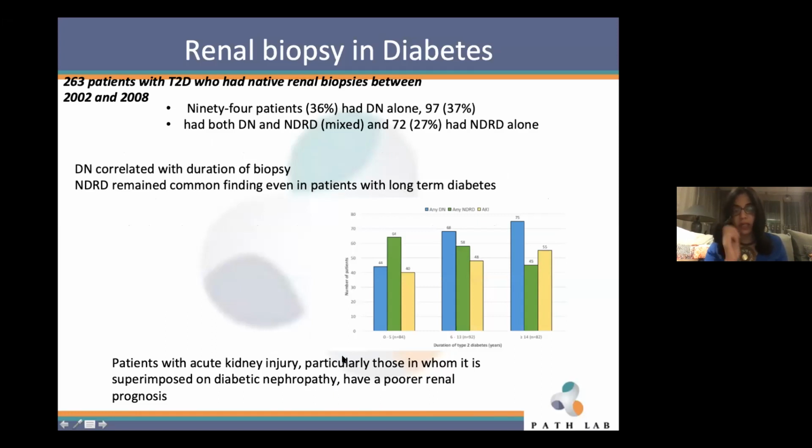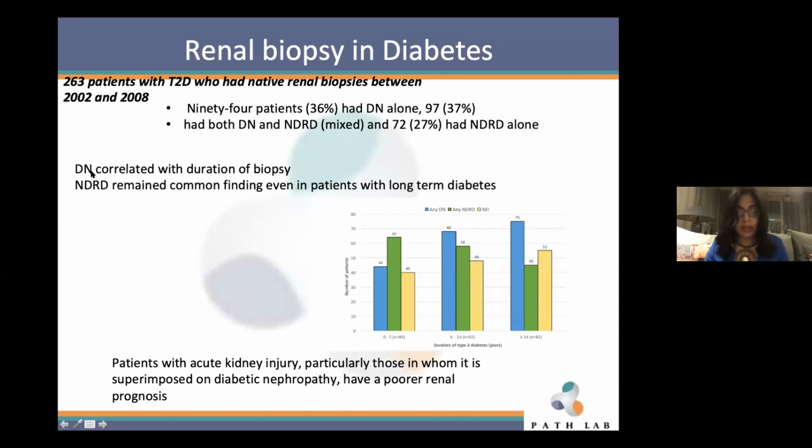This is a study with 263 biopsies from patients with type 2 diabetes between 2002 and 2008. 36% of their patients had diabetic nephropathy alone, 37% had both diabetic nephropathy and non-diabetic renal disease mixed, and up to 27% had non-diabetic renal disease alone.